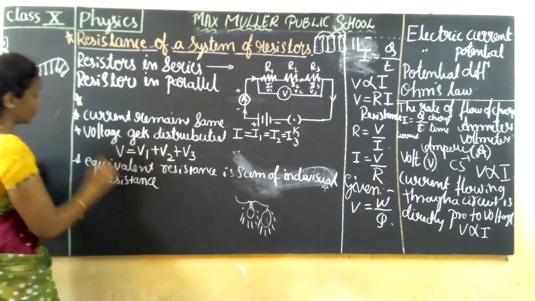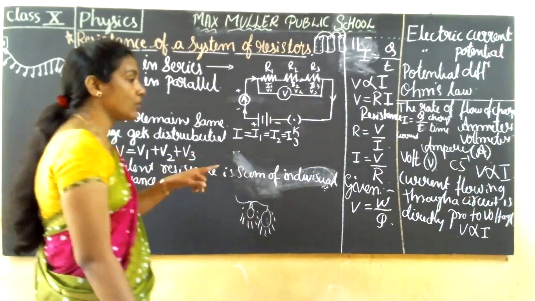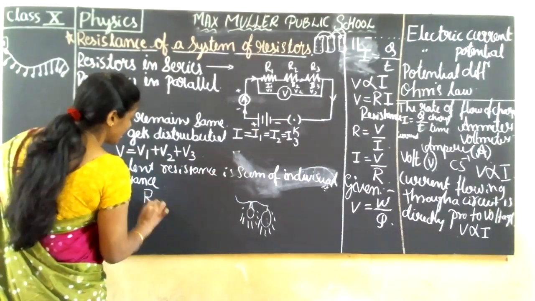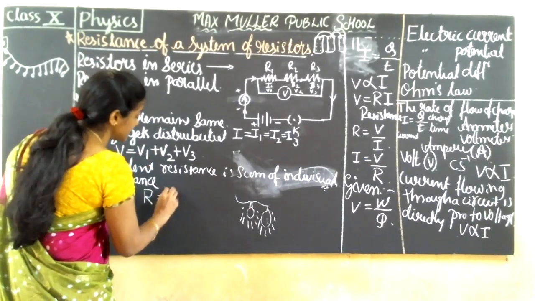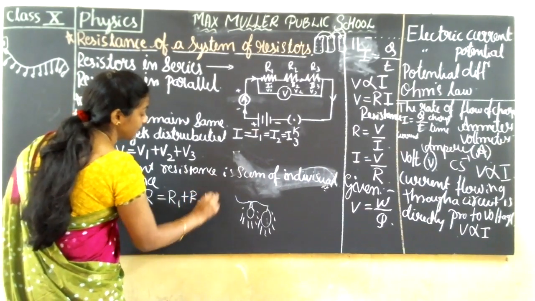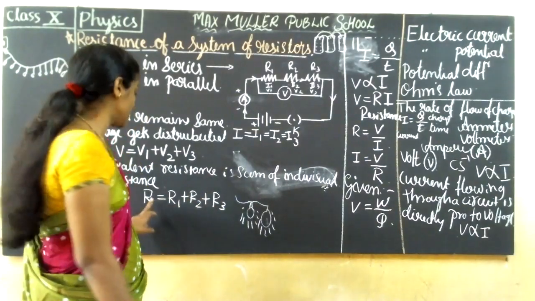What does this fourth statement mean, guys? Equivalent resistance is the sum of individual resistances. What is the equivalent resistance here? R. The sum of individual resistances means R1, R2, R3, so R1 plus R2 plus R3.